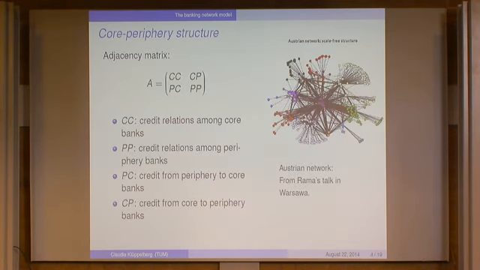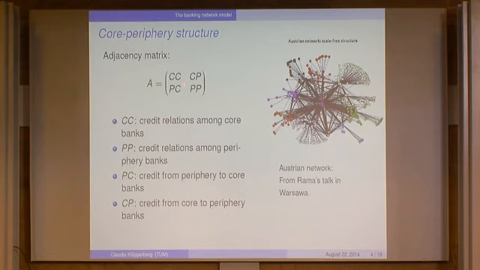When you look at this, I talk about something like this, which I stole from Rama actually. That's the Austrian network, and of course there are many around now, and they all look a bit like that. This means they all have a core-periphery structure, so we have an adjacency matrix which is blocked. This has been mentioned before more or less.